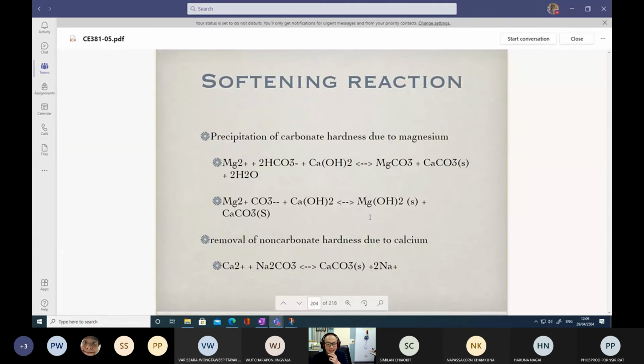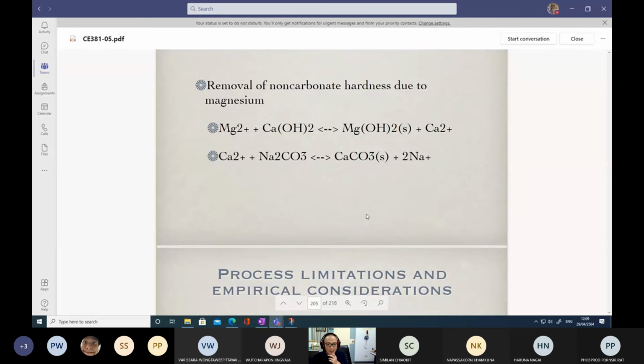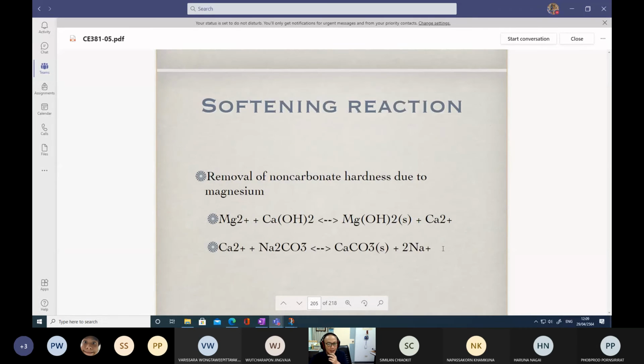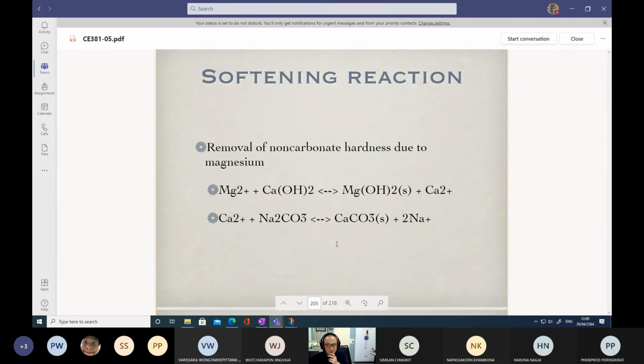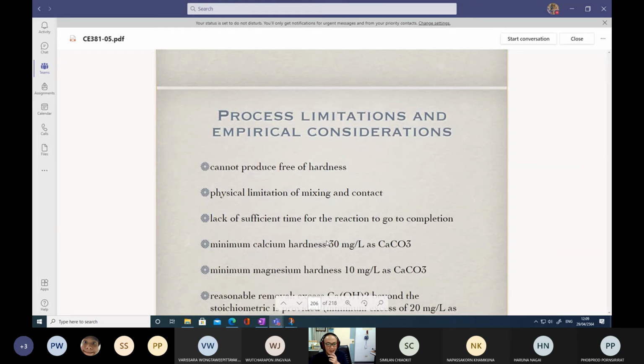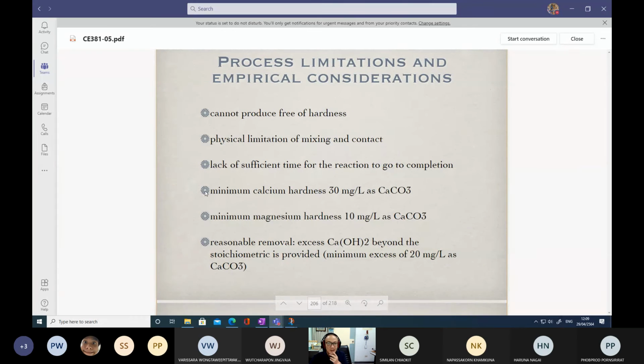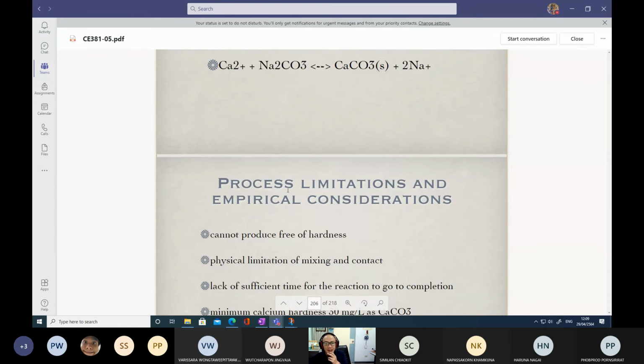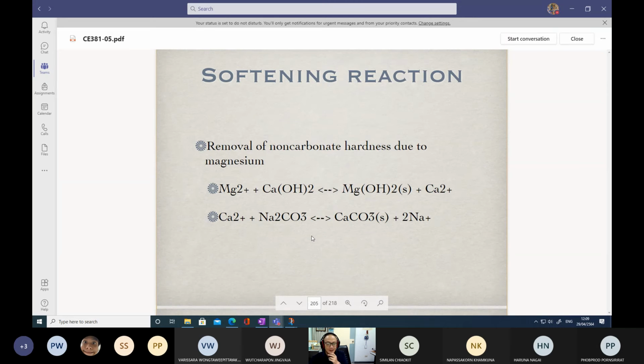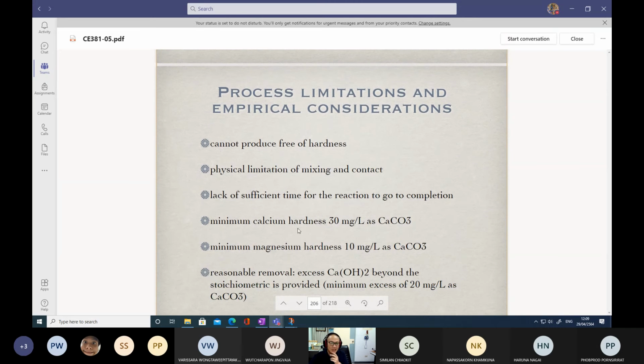There are several reactions by which we can remove the hardness, but in reality, we cannot remove it 100%. For example, even though we add the lime and soda ash as per the ratio in the stoichiometric equation, still at the end, there is a certain amount of calcium hardness left. We cannot bring it to zero.